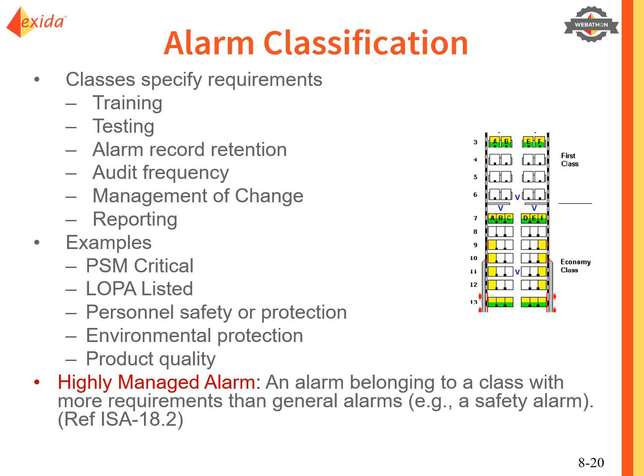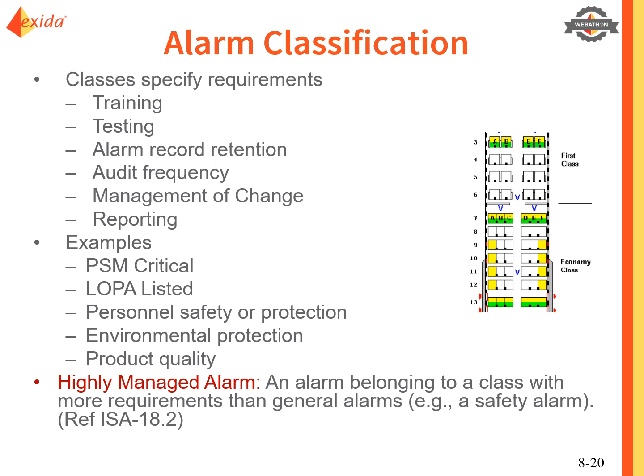So also there's things like gas monitors and stuff like that. And there might be environmental protection alarms, so they have a particular procedure attached to them, and they might need to be treated differently. Highly managed alarms belong to a class with more requirements than other general alarms.